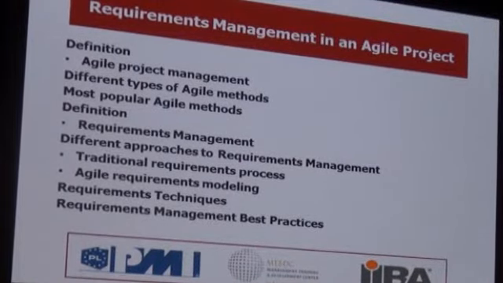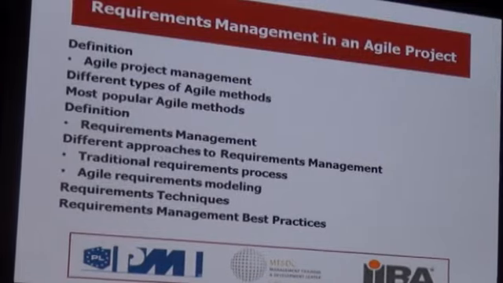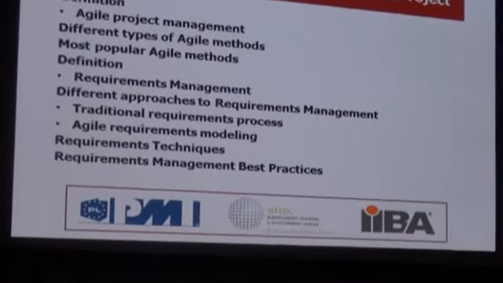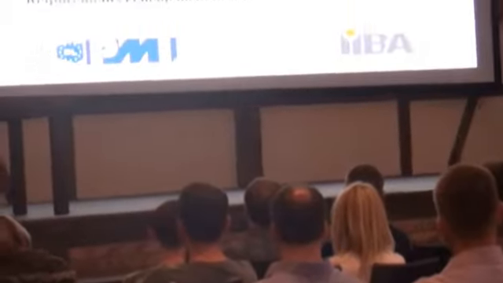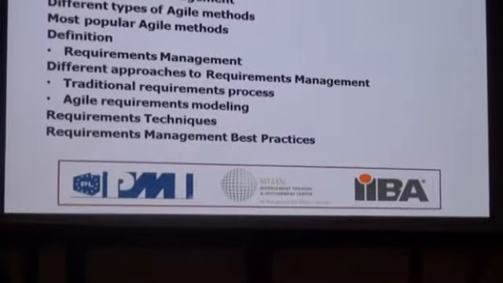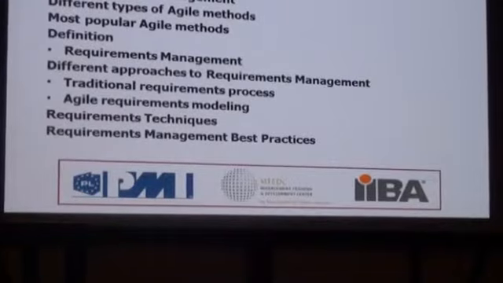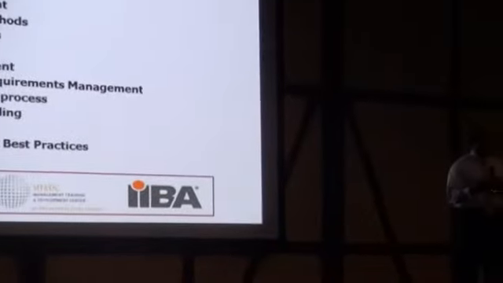Then we'll get into requirements management, the Agile approach versus traditional requirements management, and then talk about different requirements techniques and requirements management best practices. When I talk about these best practices, these will be from the standpoint of not just traditional, but also from an Agile perspective as well.